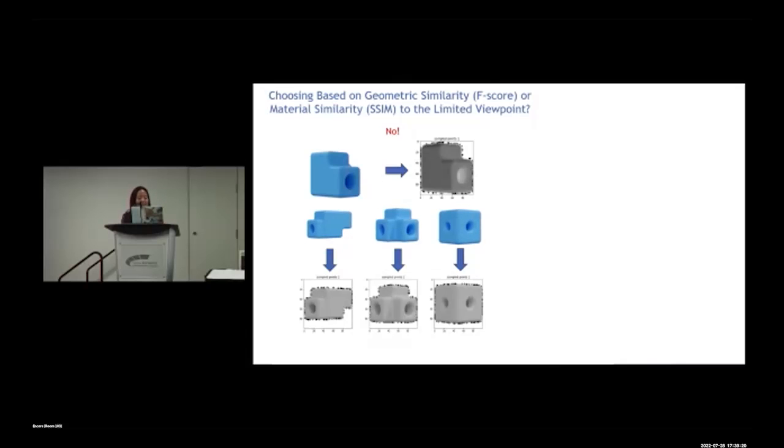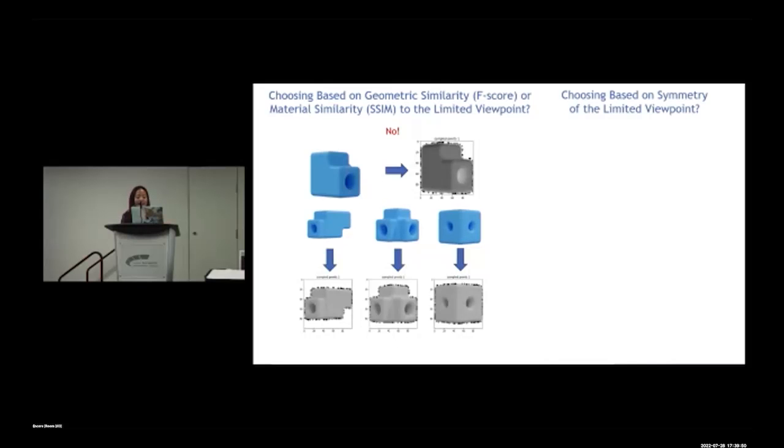And so what we did here is we computed a 3D and 2D F-score of just outlining the geometrical similarity of the options and comparing it with the static viewpoint. And what we see here is that there's no correlation between the F-score, which is just how geometrically similar the options are, to the static limited viewpoint. And we also tried to do a kind of texture or pixel-wise similarity comparison using the SSIM metric, and again, we don't see that kind of correlation.